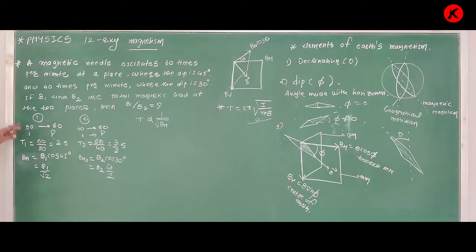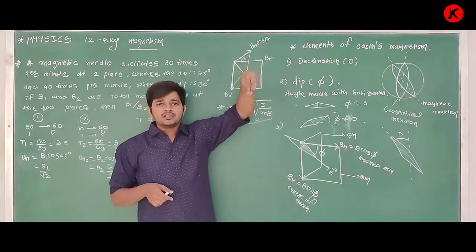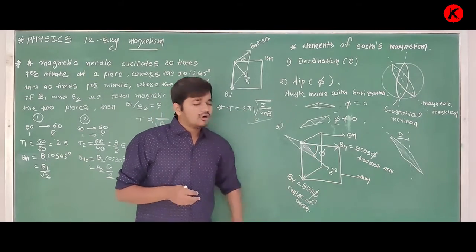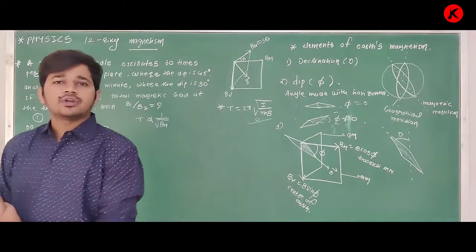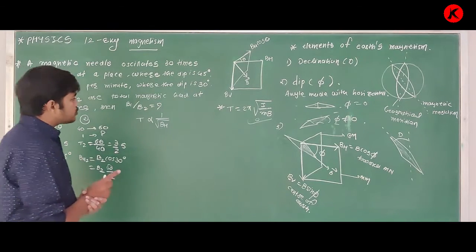Now there may be a question: why BH? Because whenever you suspend a magnetic needle, it will rotate in the horizontal plane due to the horizontal component of the magnetic field. This point you have to remember.